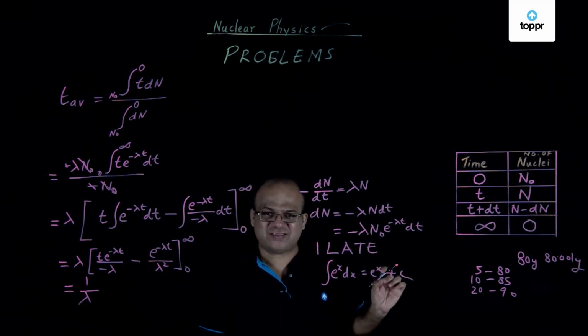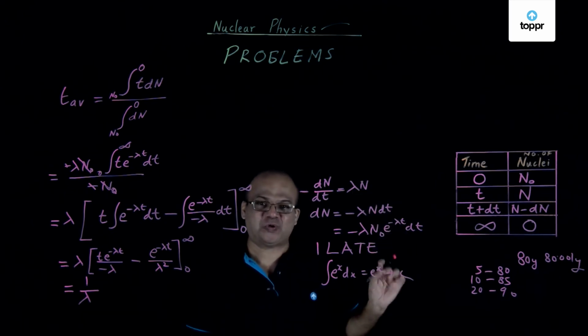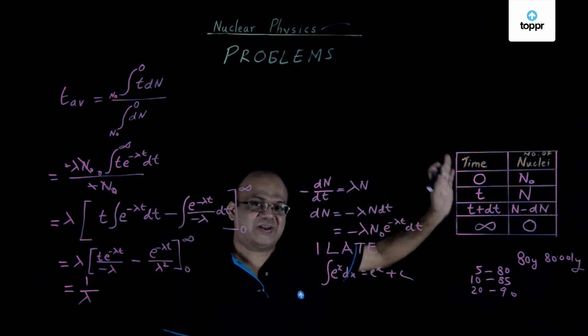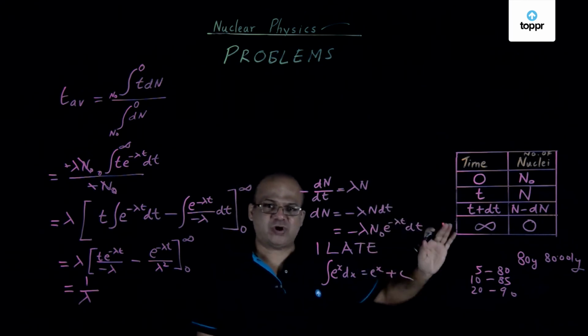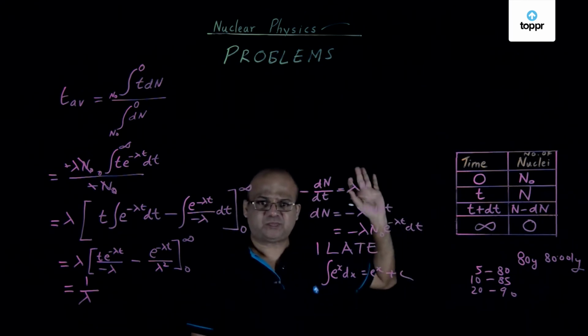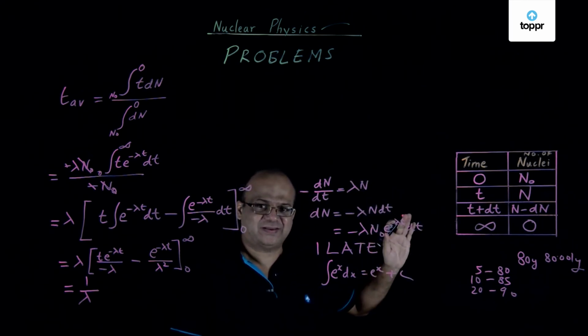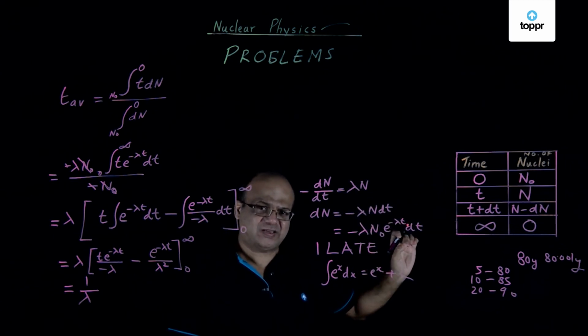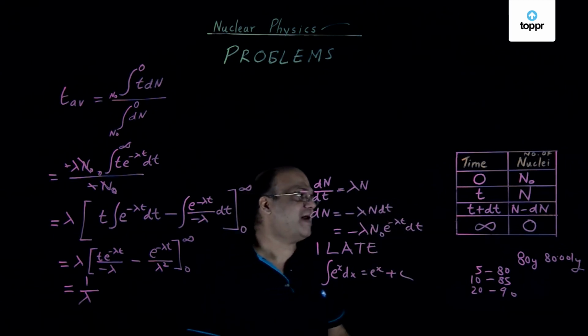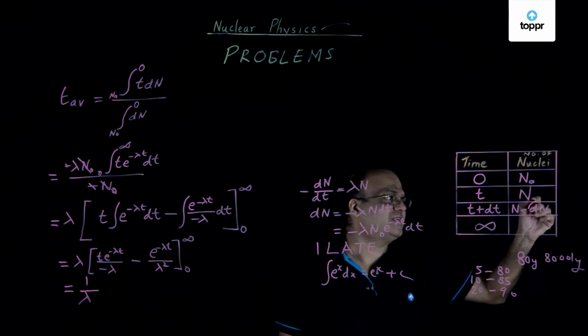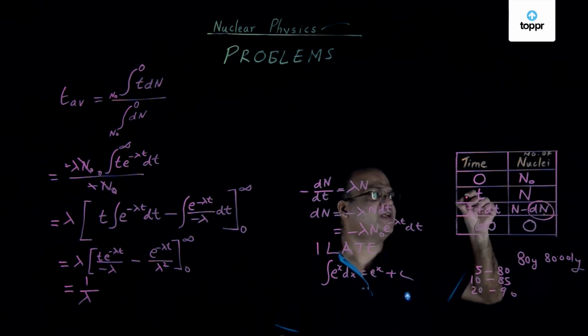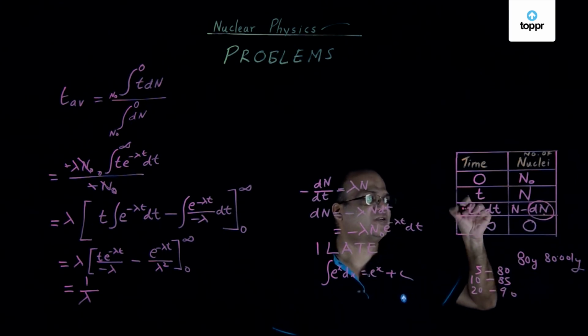How did we derive this? At t equal to 0, the number was n0. At t equal to t, the number became n. At t plus dt, the number became n minus dn. So this dn nuclei have lived for time t. These two are almost the same.